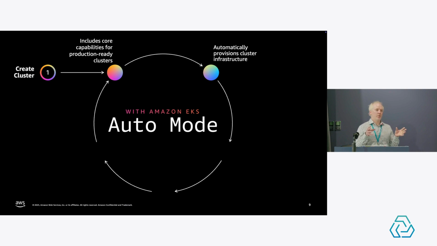We automatically provision infrastructure, and underneath the hood we use Karpenter. Who here uses Karpenter? A few people as well. This is a project which we worked on and open sourced. What it does is manage the data plane. We look at the description of your pod, match it to a Karpenter node pool, and say, okay, this pod can run on a particular EC2 data plane node.